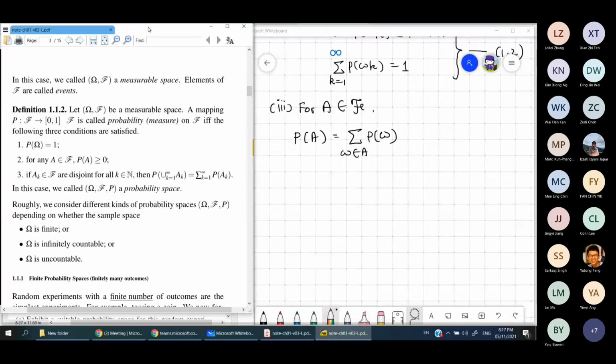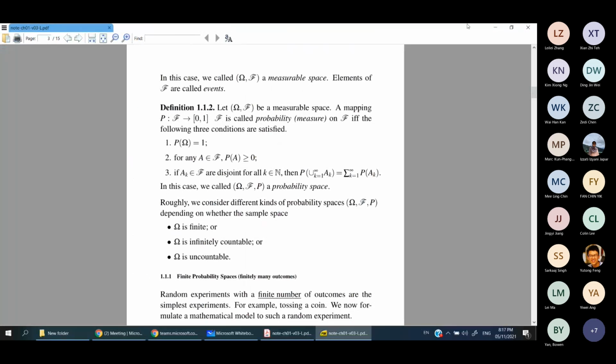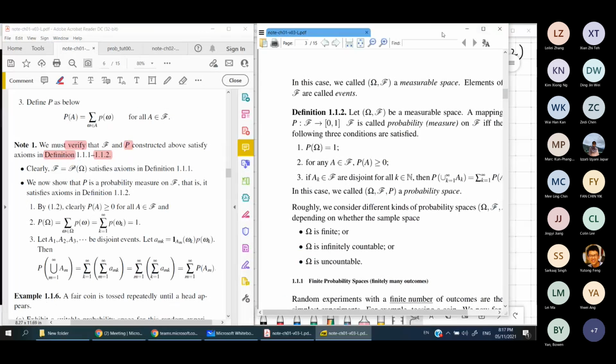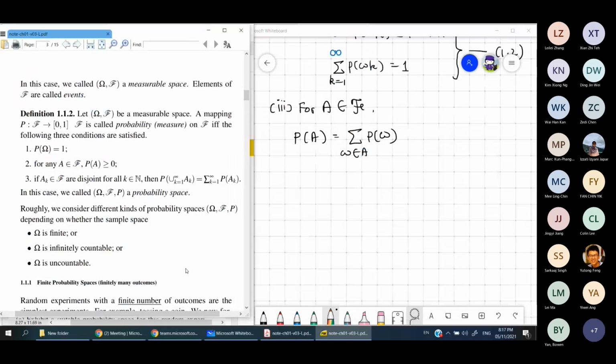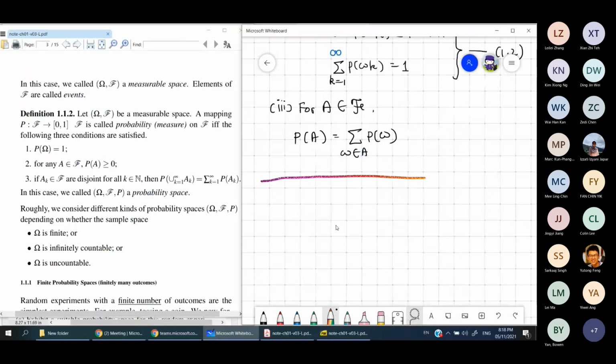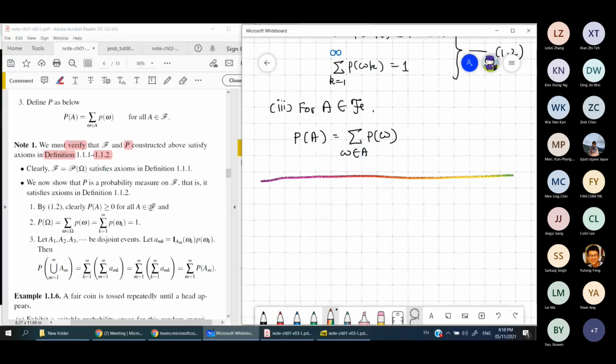That is, if we have a sequence of disjoint events, then these two must be equal. Okay, let's do it over here, in Note 1.